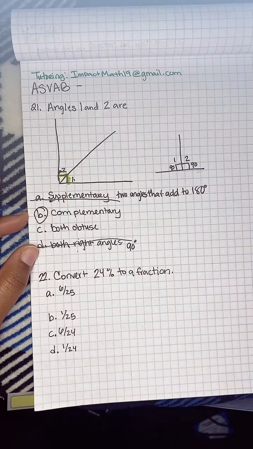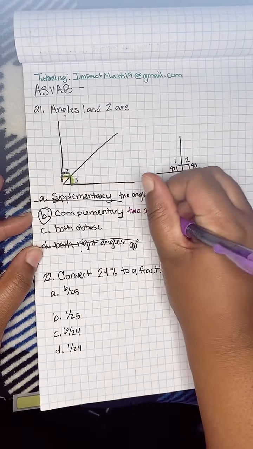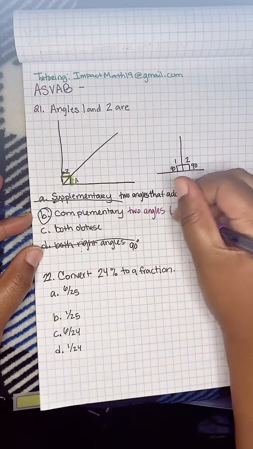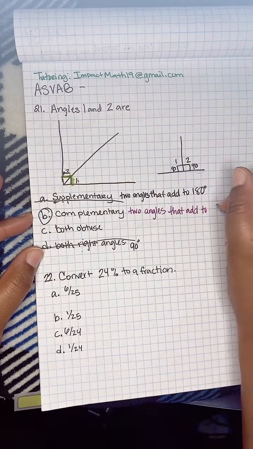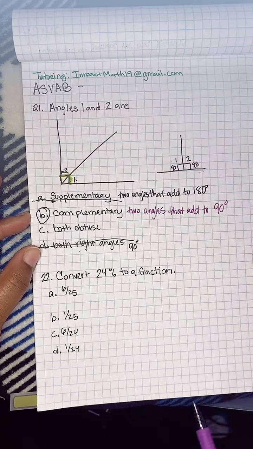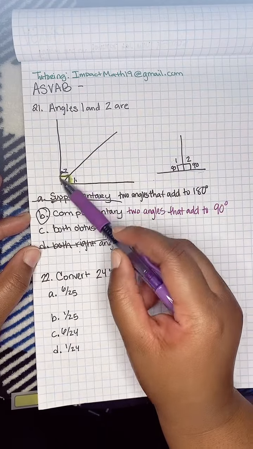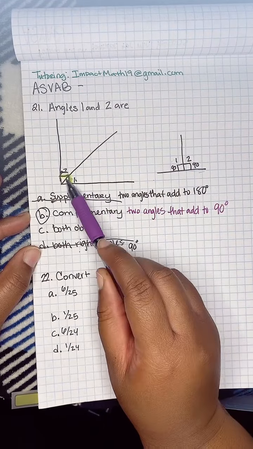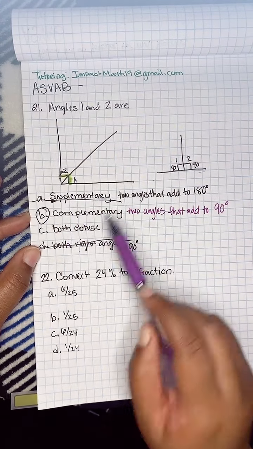Okay. Let me explain why it's B. Complementary means two angles that add to 90 degrees. And so you see how they drew it where it's 1 and 2 and they split this 90 degrees. So however much this angle is and this angle, when you add them up, they're going to equal 90.